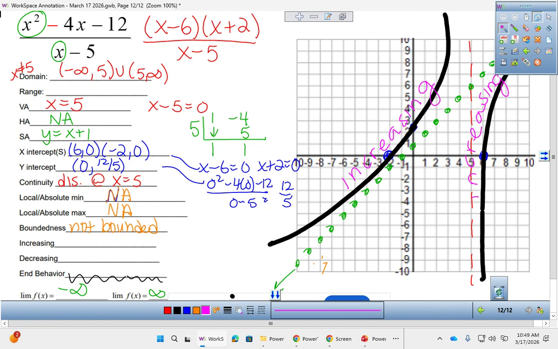The x values, the domain numbers. If you use brackets or parentheses, it doesn't matter for increasing, decreasing. Both of those intervals are increasing here. So negative infinity to 5, 5 to infinity. There are no decreasing intervals on this.